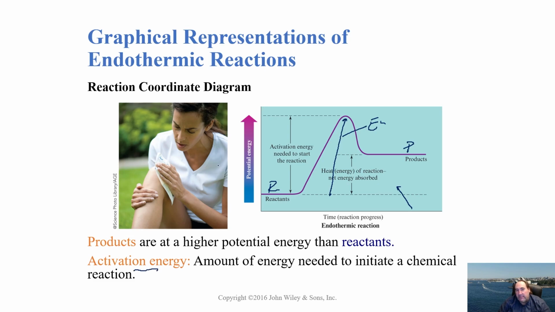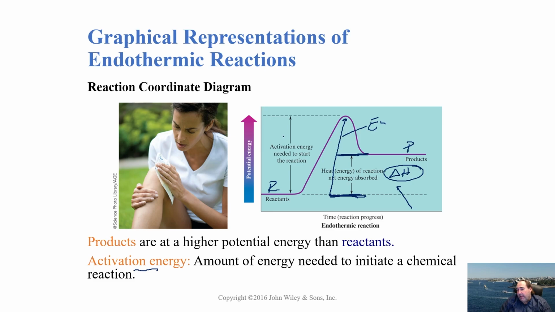And that activation energy is the minimum amount of energy that's required for a reaction to take place. By the way, I think I might have mentioned in the energy chapter, if you take the difference between the energy of the products and the energy of the reactants, that is basically what delta H, or the change in enthalpy for that reaction, is.